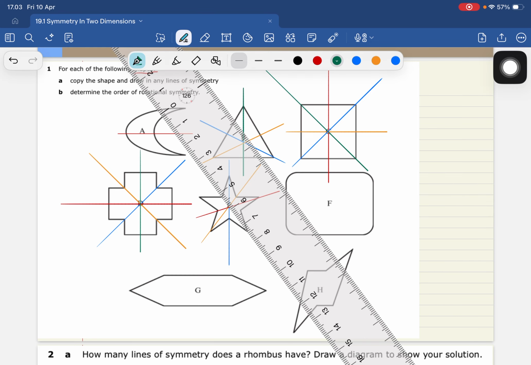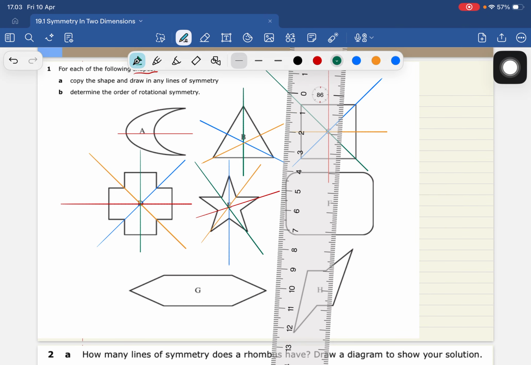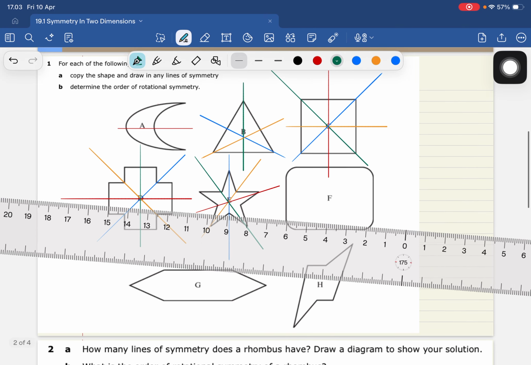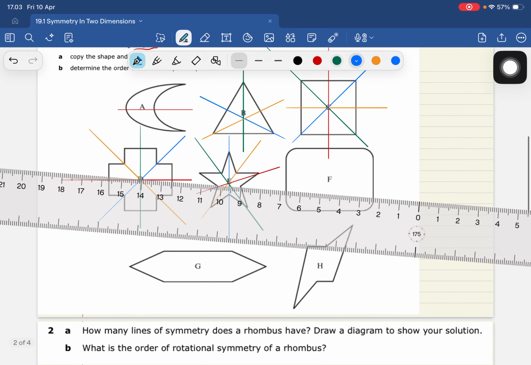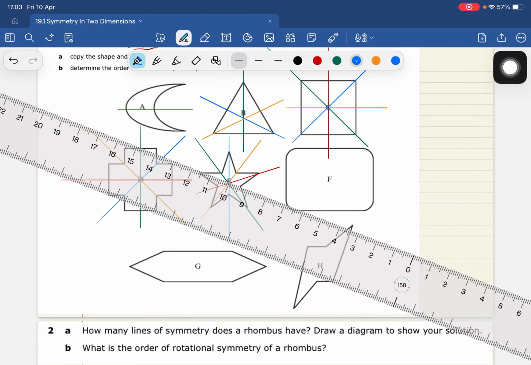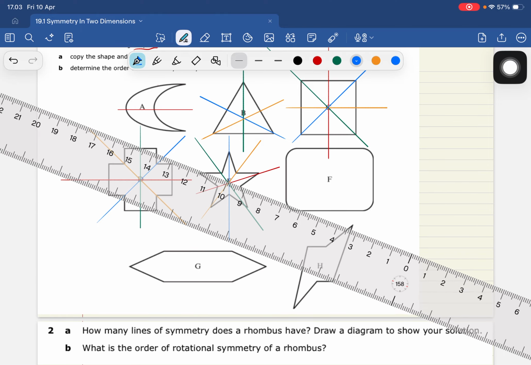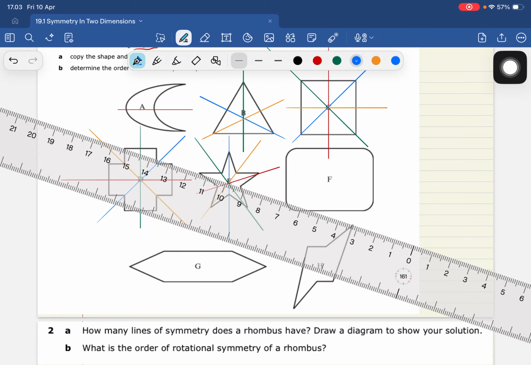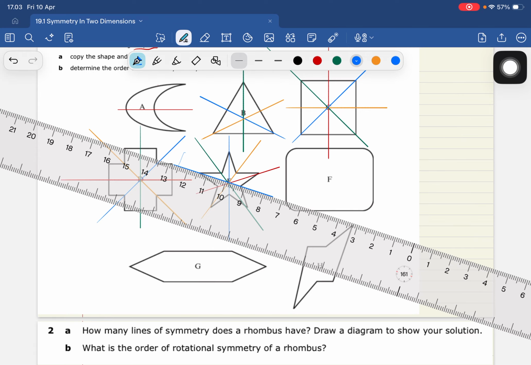Okay, from here 4. And the last, 5. Use blue. Okay, there it is. They are equal.